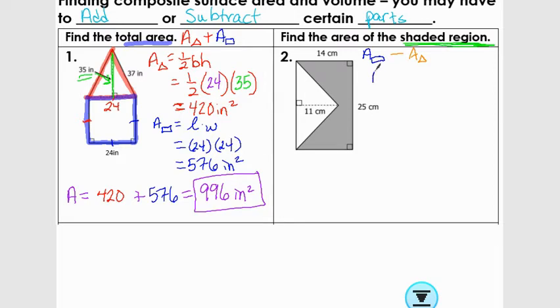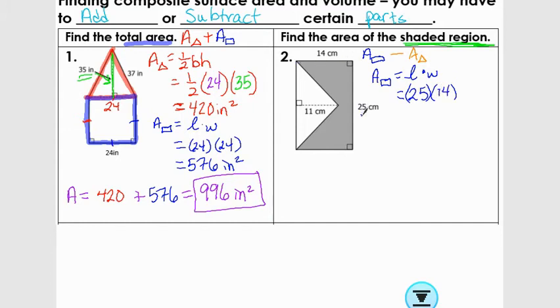For area of the rectangle, we know that that's just length times width. Again, that's on our formula chart. So our length there, I usually call the longer one the length, so that's going to be 25 times our width, which would be 14.